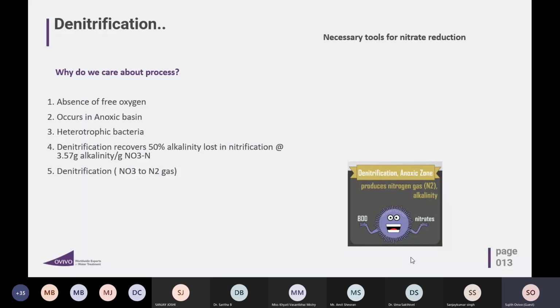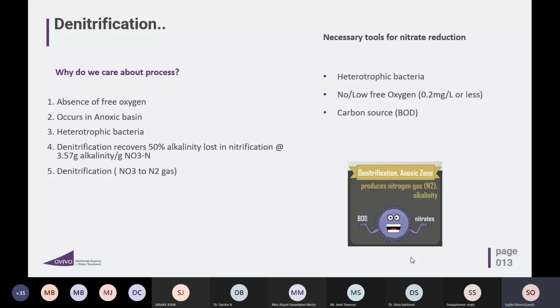And for this process, what are the necessary tools required? Definitely, you need heterotrophic bacteria, no free oxygen, and a carbon source, which is essential. That is the reason, if you remember, when we give a post-anoxic, we add the carbon source at the inlet. When the anoxic is given at the inlet, you don't need a carbon source to be added because the BOD is already coming in.